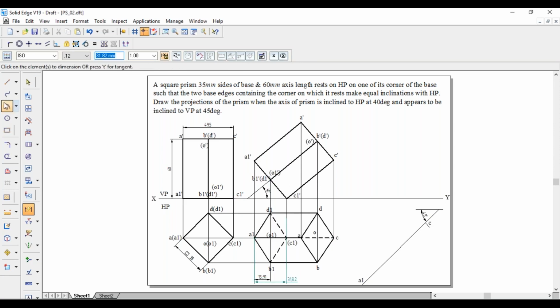From the same center, 15.91 arc. Similarly, 31.82 mm arc. These two will give us O1 and C1.